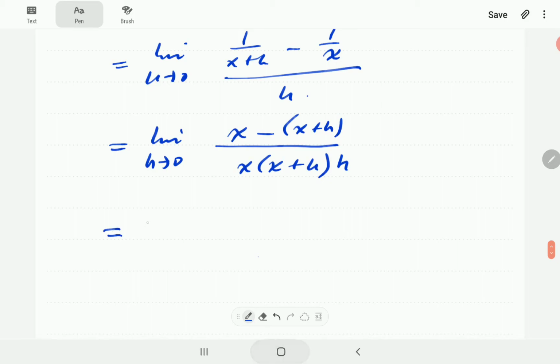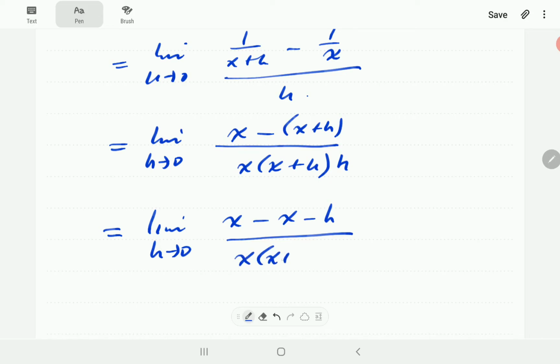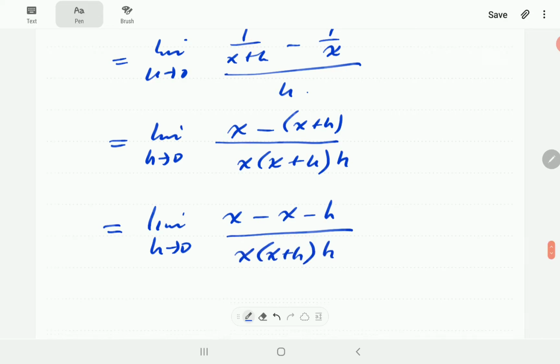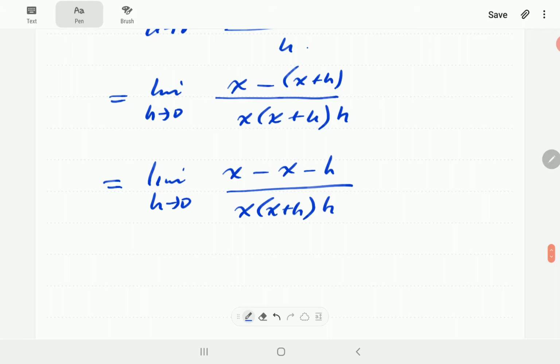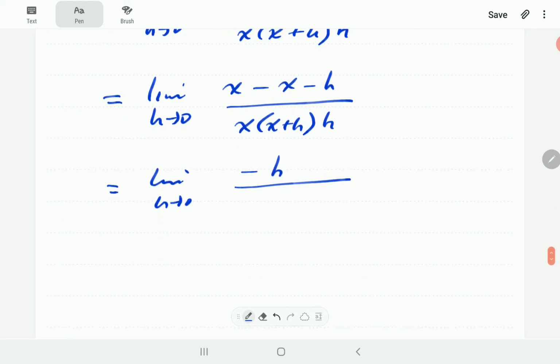If we simplify now, let's remove the brackets in the numerator. We have x minus x plus h, and of course x minus x cancels out, so the numerator is now going to be negative h, and then h cancels out.